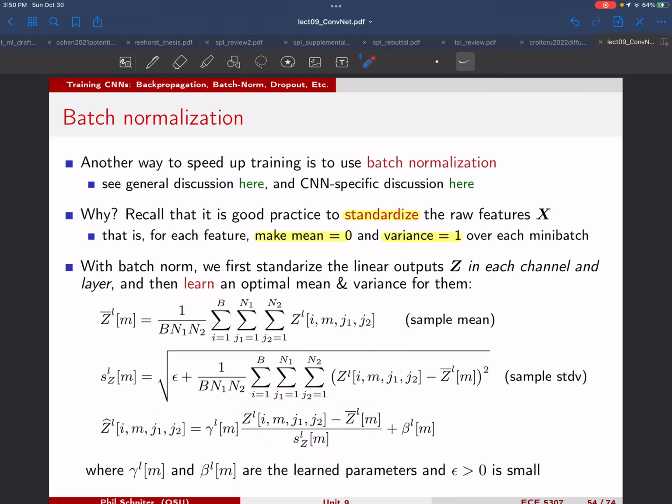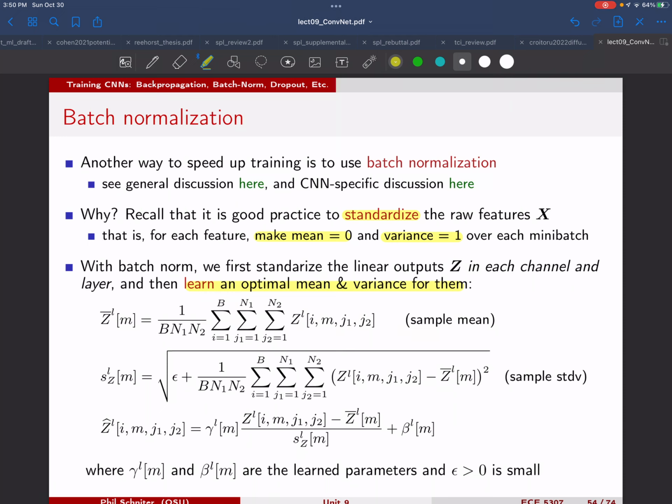Okay, so if we do this here, then the z's after this normalization will have 0 mean and unit variance. Now batch norm goes one step further, and it says, well, maybe 0 mean and unit variance isn't the very best combination. Maybe I can actually learn something that's even better for my task and for that channel and that layer.